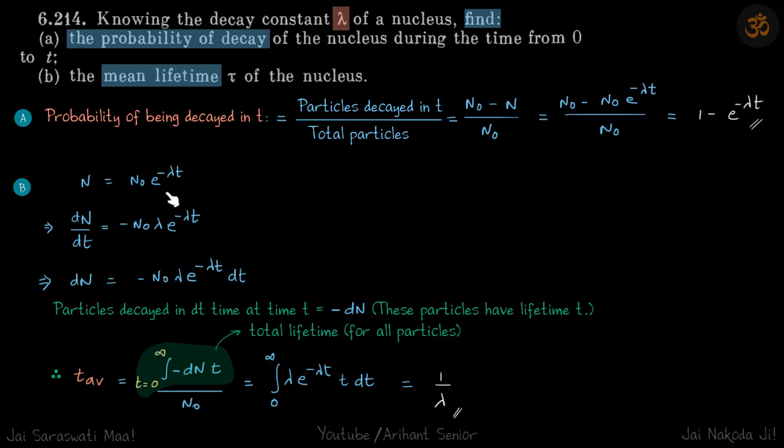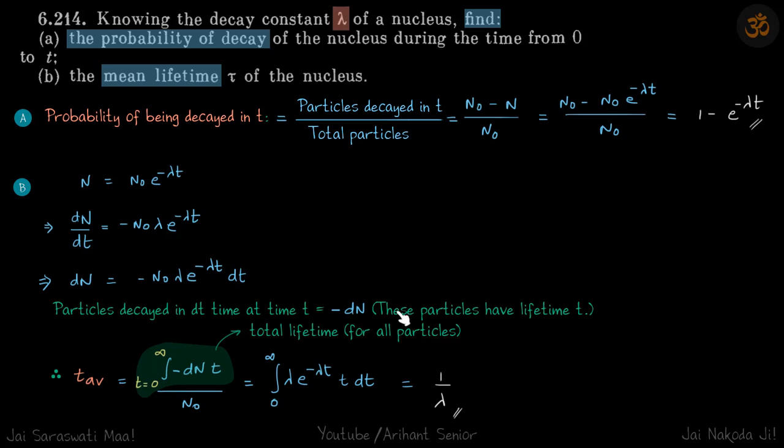So again, n is n naught e to the power minus lambda t. From here we got that in dt time these many particles get decayed, with a negative sign. So if minus dn particles have their lifetime as t, then the average lifetime of all the particles is the summation of minus dn into t.